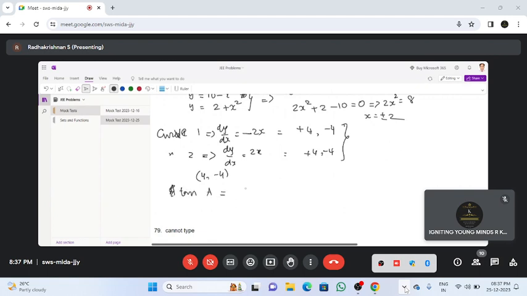equal to tan, let us say p or q. tan p plus minus, minus 4 divided by 1 plus tan p tan q.